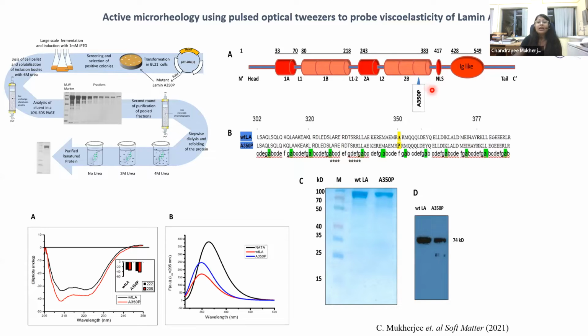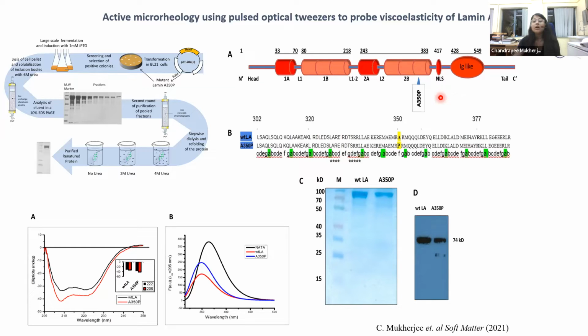The rationale of choosing this mutation is based on the severity of phenotypes that we have seen in patients that have been reported. And we know that insertion of a proline in the alpha helix inserts a bend or a kink and destabilizes the structure. So we thought that this would give us significant structural alteration if we study the viscoelastic property of this protein.